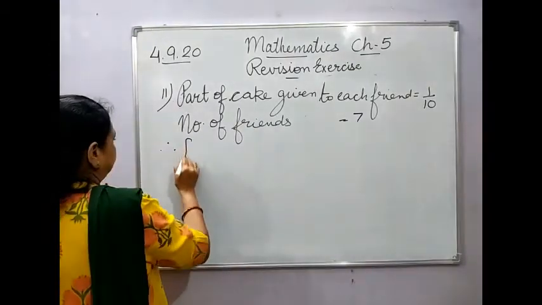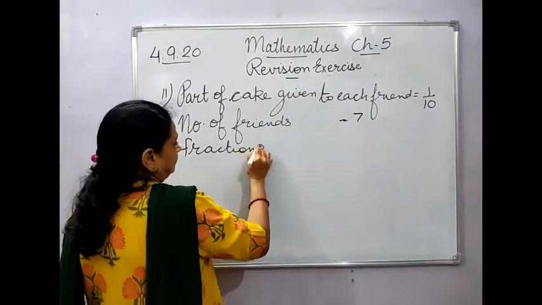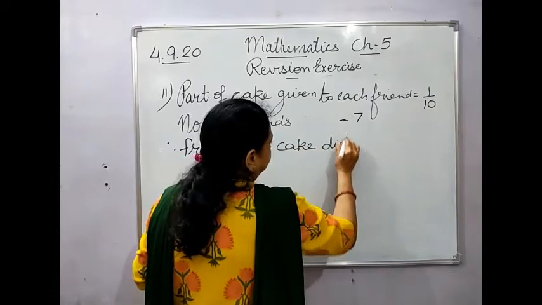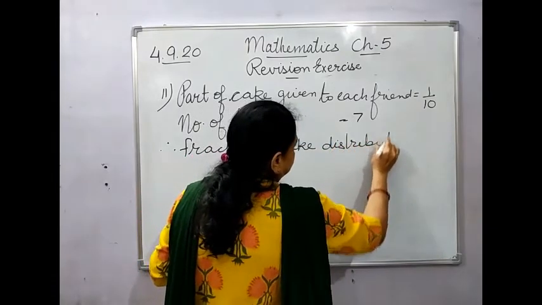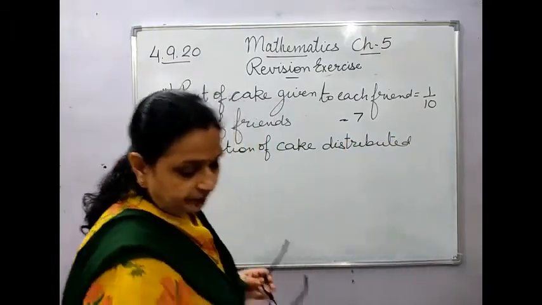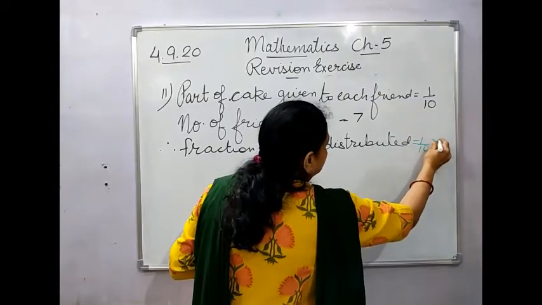Fraction of cake distributed will be 1/10 into 7.